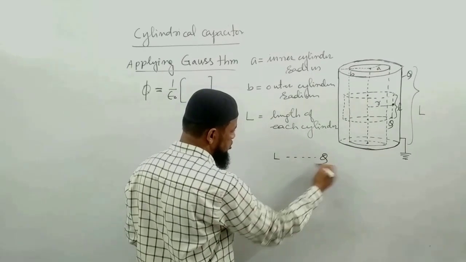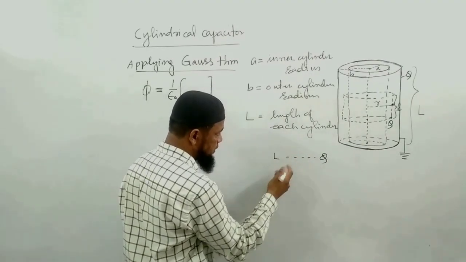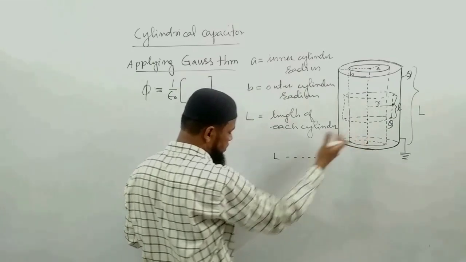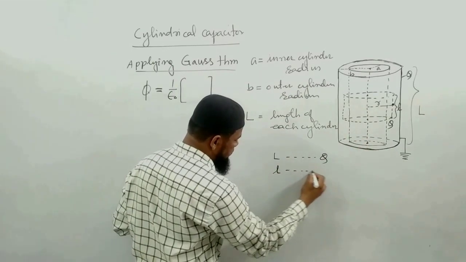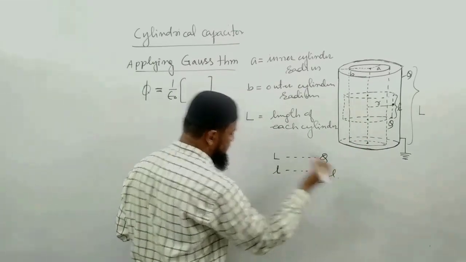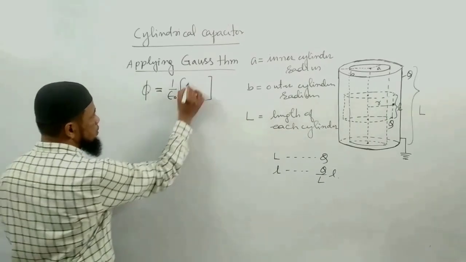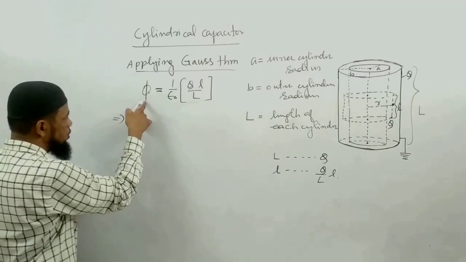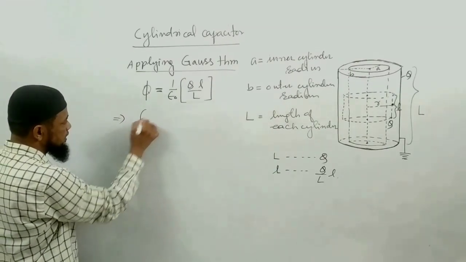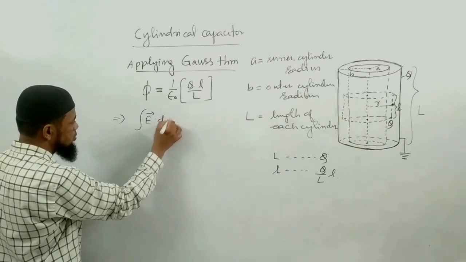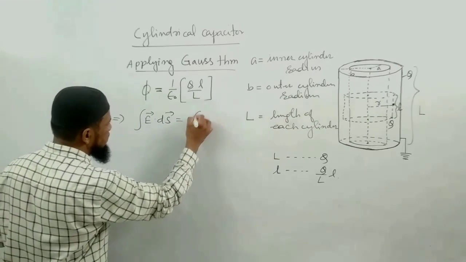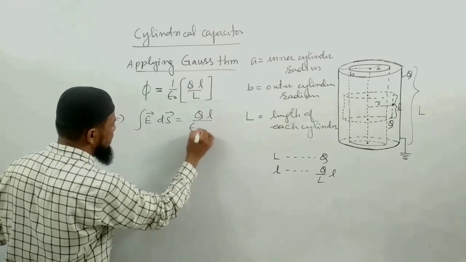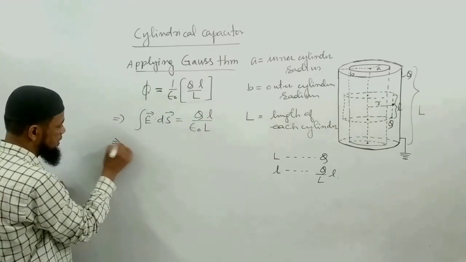Since charge is uniformly distributed, by the unitary method, for a length small l the charge will become Q by L into l, that is Q l by capital L. So flux, the integral of E bar dot ds bar, equals Q l divided by epsilon naught L.